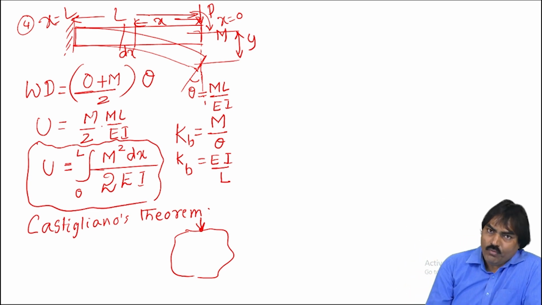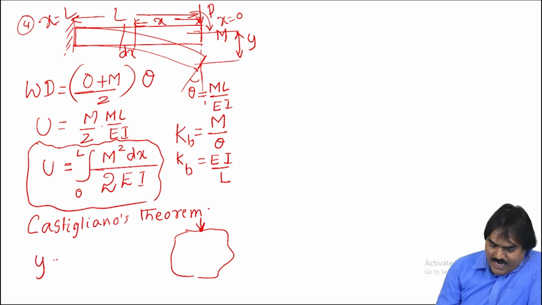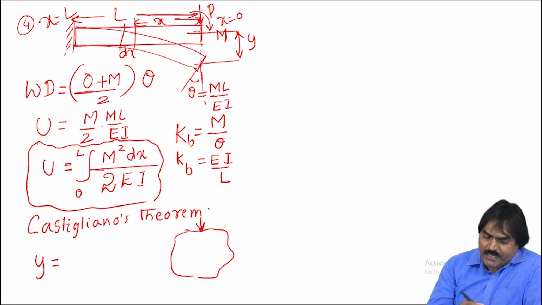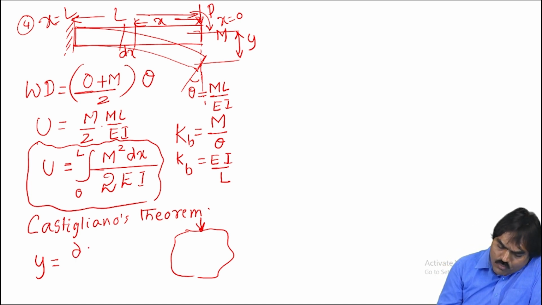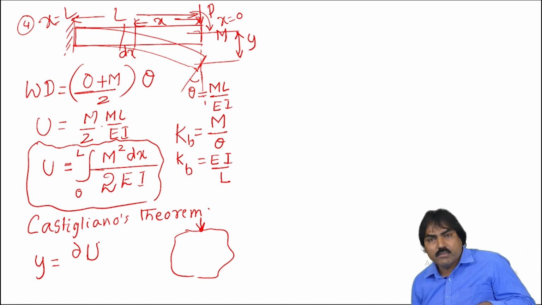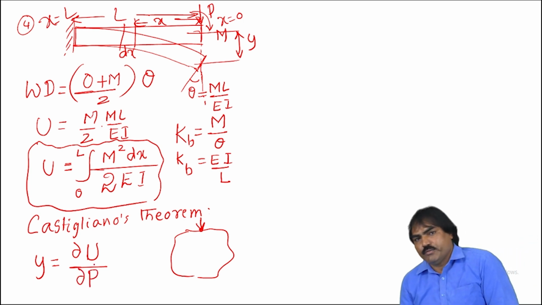He said, once we know the total energy stored in the structure, the deflection under the load is given by Y equals the partial derivative of the total strain energy with respect to the load at that point.